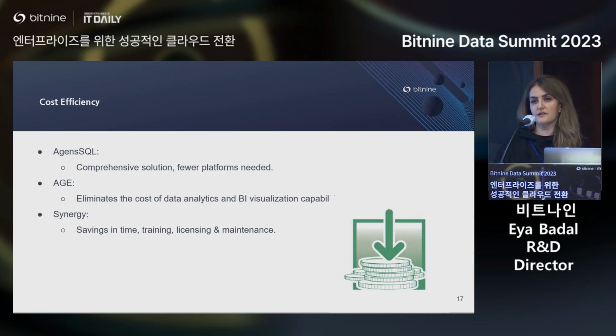With AGE, organizations can harness the power of graph databases without incurring additional expenses. So both systems provide unique avenues for cost saving, allowing businesses to choose based on their needs and existing infrastructure. The key takeaway is that smart database choice can lead to substantial cost efficiencies.